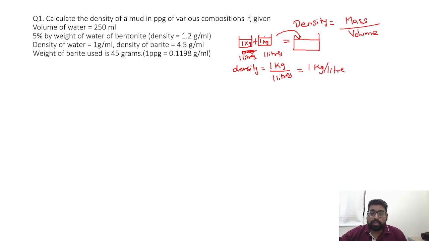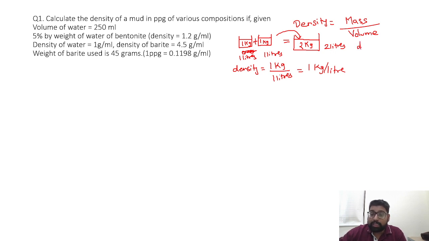Now I add these two buckets of water into the third bucket, which is a bigger bucket. So what we get here is 2 kg of water, and the volume will be 1 liter plus 1 liter, that is 2 liters. Whenever you mix two liquids or two substances, two matters, the mass increases in the same proportion, and the volume also increases in the same proportion.